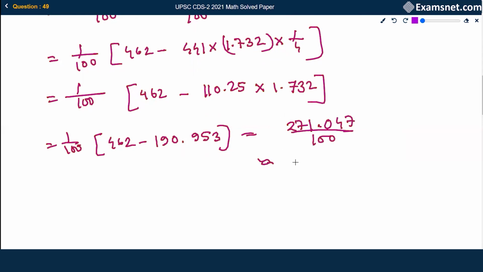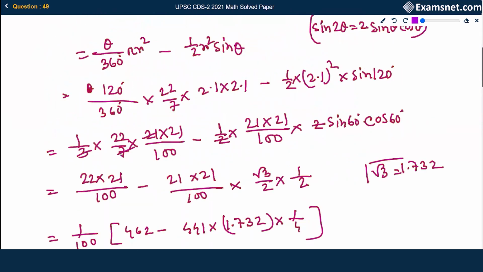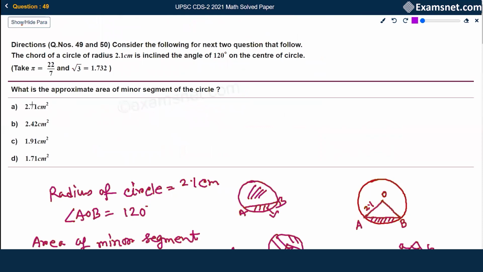Approximately we can write 2.71 centimeter square. So the approximate area of the minor segment of the circle is 2.71 centimeter square.